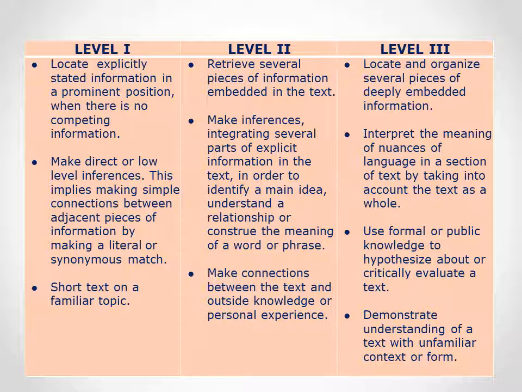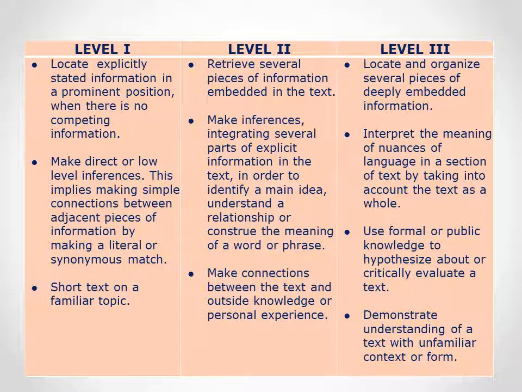So, going back to the first question, the one that guided the choice of the evaluation model to follow in this research, which was, what can the students in 6th-year secondary school do in reference to reading? We could answer it accounting with their abilities and the level of performance. That is, some students were able to locate explicitly stated information in a prominent position when there is no competing information.